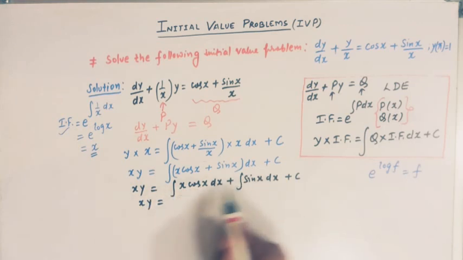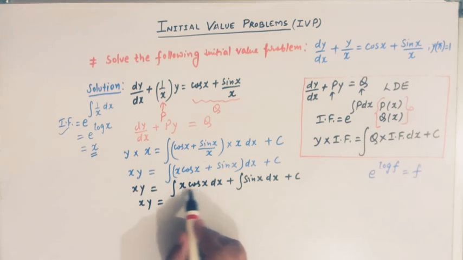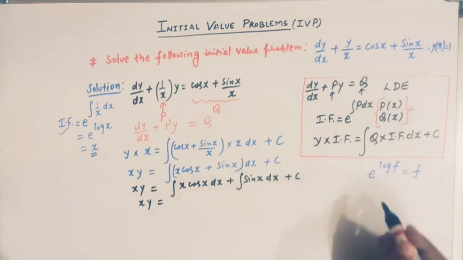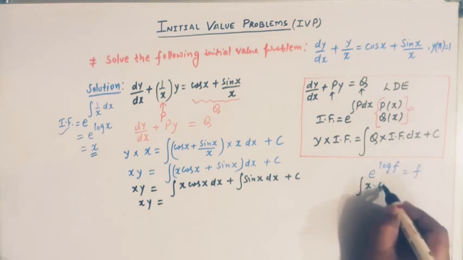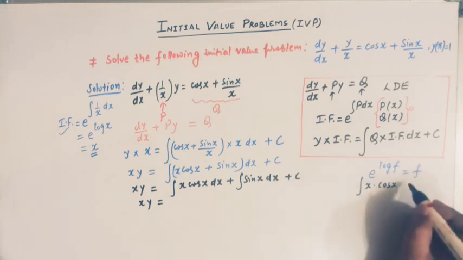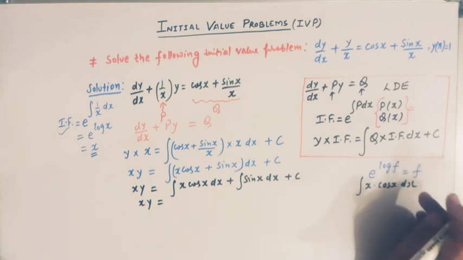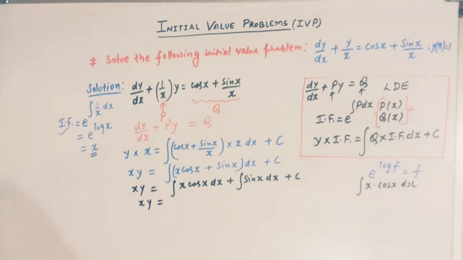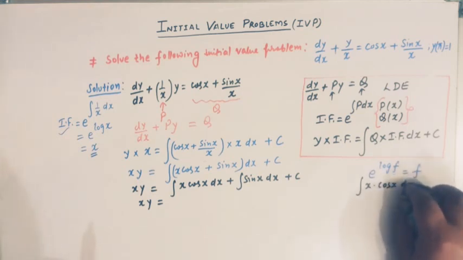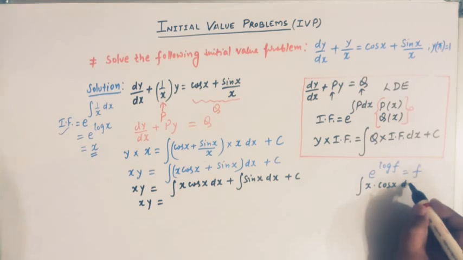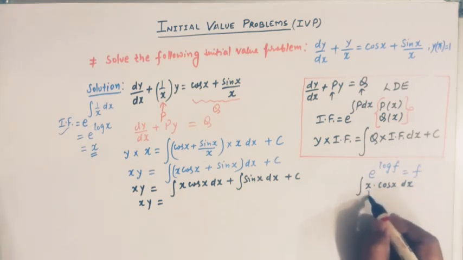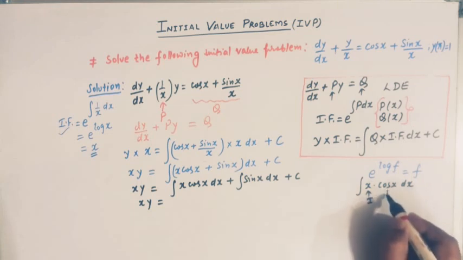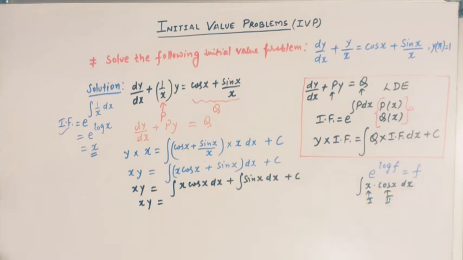And here we see that we have the product of two functions, that is x and cos x, right? And to evaluate this integral, we'll use the method of parts, right? And we'll take this as the first function and this as the second function, right?